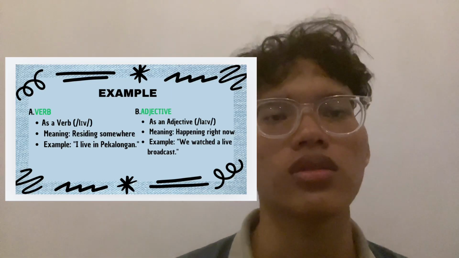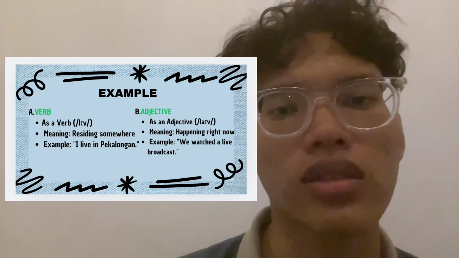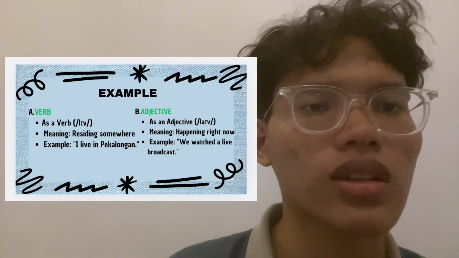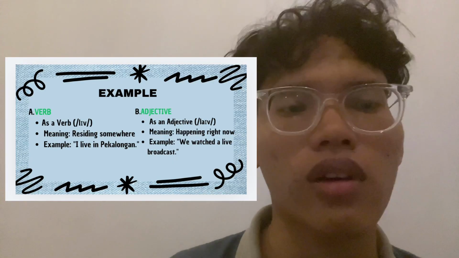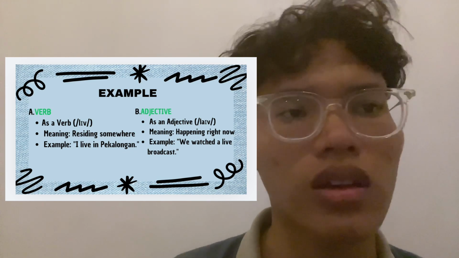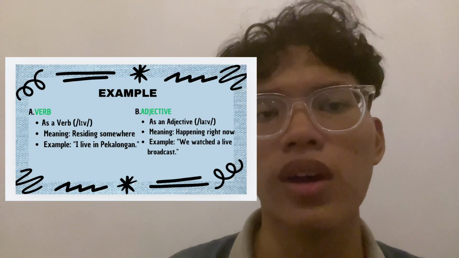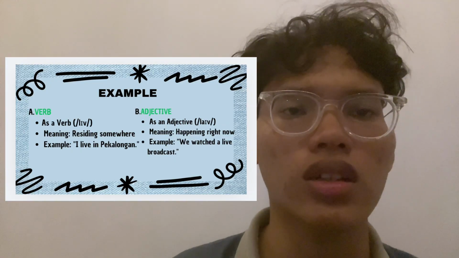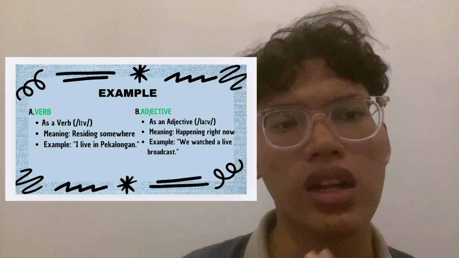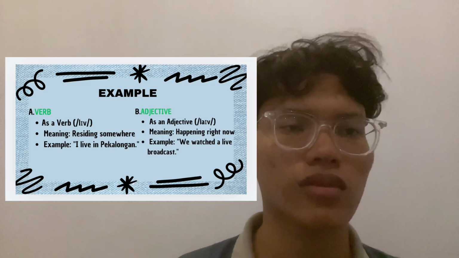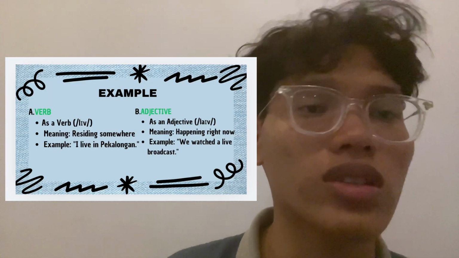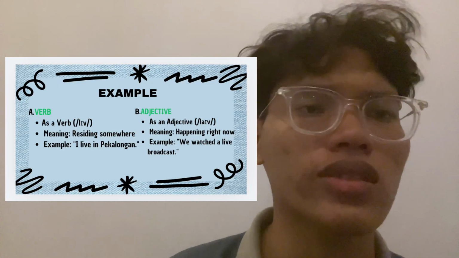Next example: live. Let's look at the real world examples. First, the word live. As a verb we say "live," like I live in Pemalang, but as an adjective we say "lyve," like a live broadcast. I remember back in school I was watching an online concert.